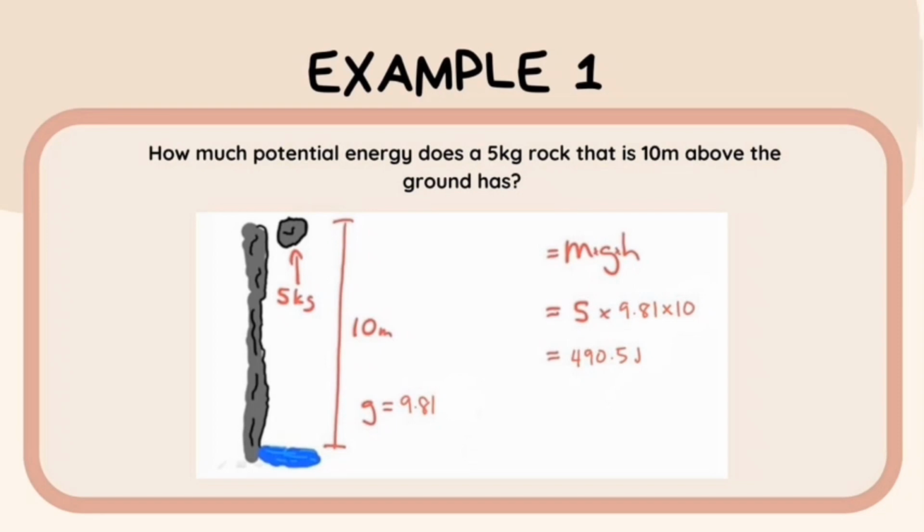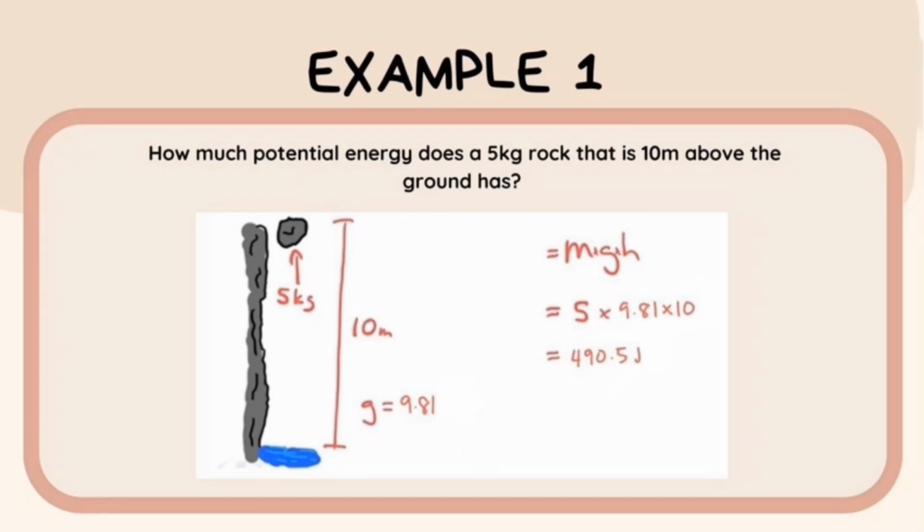Example 1. How much potential energy does a 5 kilogram rock that is 10 meters above the ground have? In this question, they want us to find the potential energy, and they already stated the mass of the rock is 5 kilograms and the height is 10 meters.